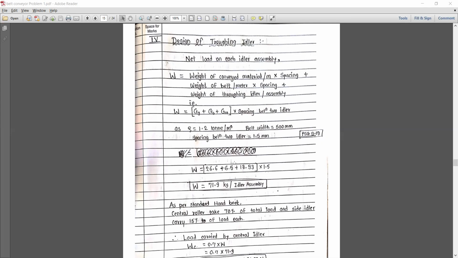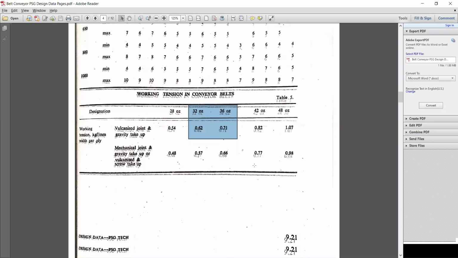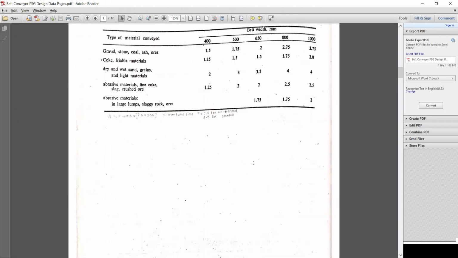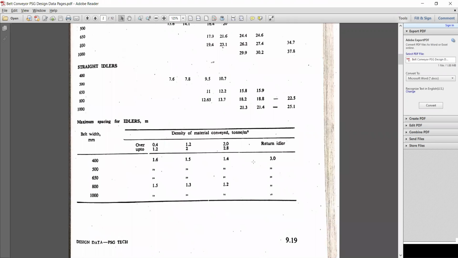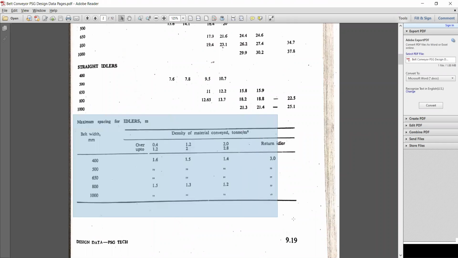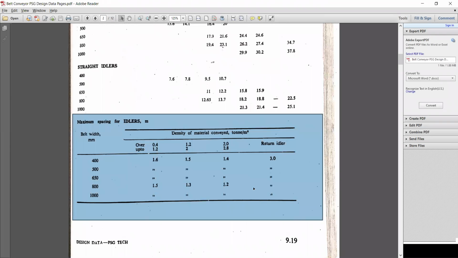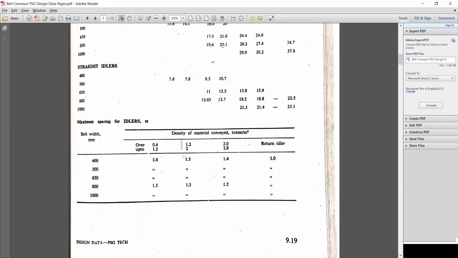For the spacing between two idlers, referring to the PSG design data book page number 9.19, the maximum spacing for idlers is given here. We know the density, and in the table the width of the belt, so the spacing is 1.5.